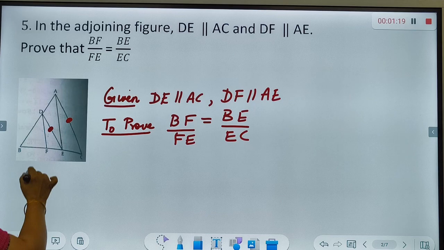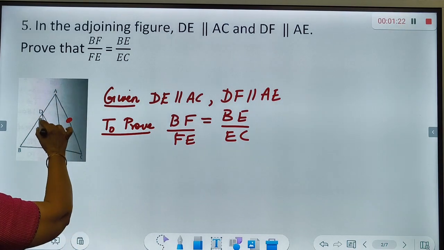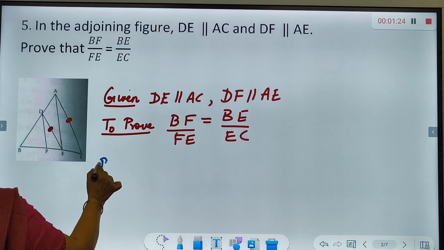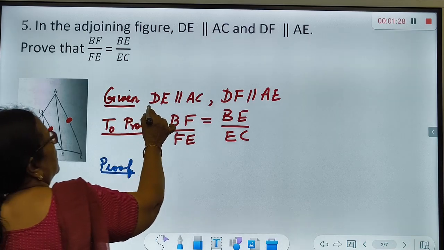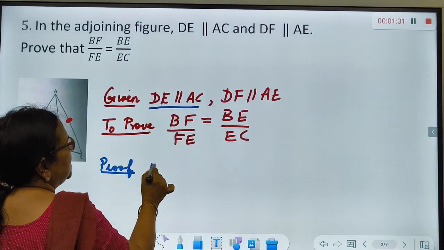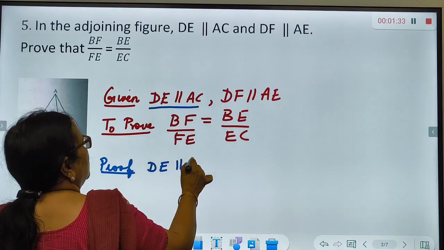Now, let us consider the triangle. What is the first thing you are given? Let us see how to prove this. First statement that you are given is DE is parallel to AC.